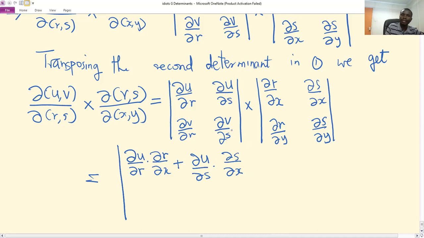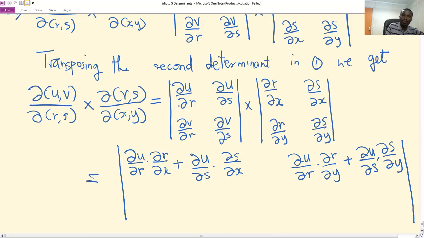The next element is this row times the other row: partial u partial r times partial r partial y plus partial u partial s times partial s partial y.